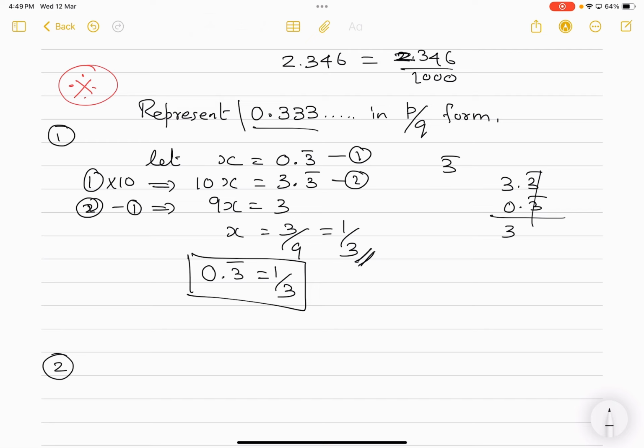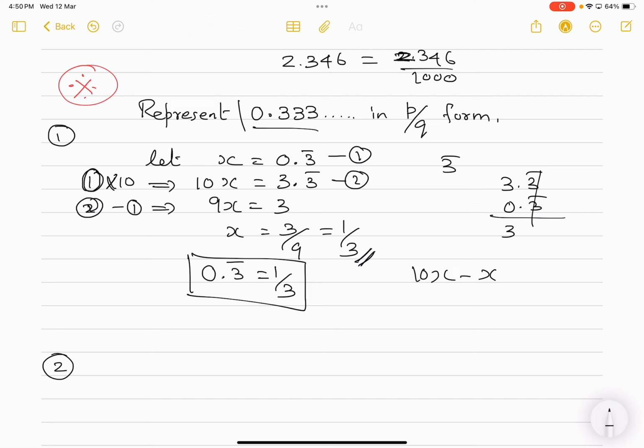No, equation 2 subtract equation 1. So 10x minus x, left hand side and right hand side both you have to subtract. So what is 10x minus 1x? 9x. On the left hand side, the second line you are subtracting the first line. Student: How did we get that 10x? By multiplying 10 on both sides. Here, equation 1 multiplied by 10 gives 10x and there 3.3 bar.